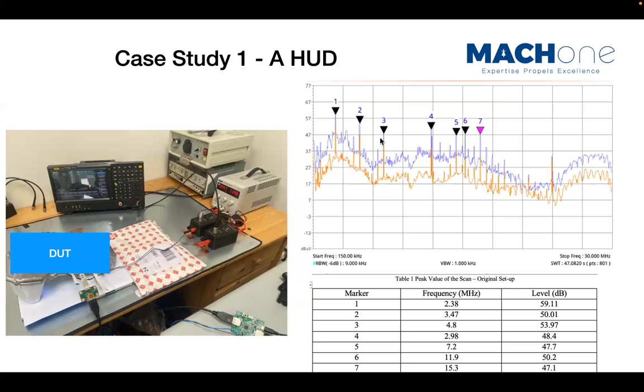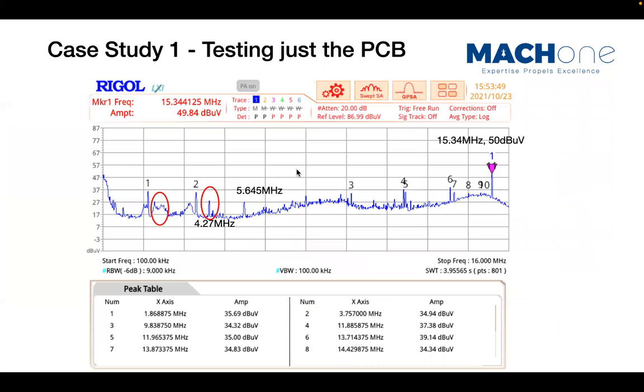As you can see, all the emission peaks are marked up and they're quite high. So the next step was to take the PCB out of the product and test only the PCB performance, right? The setup is the same; the difference is I'm only testing the PCB.